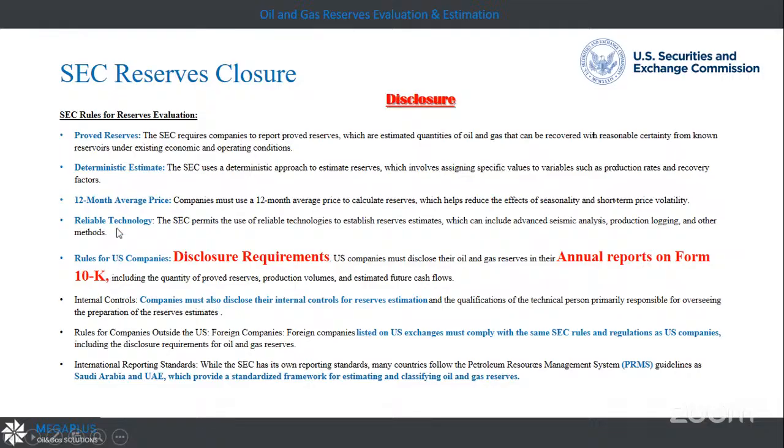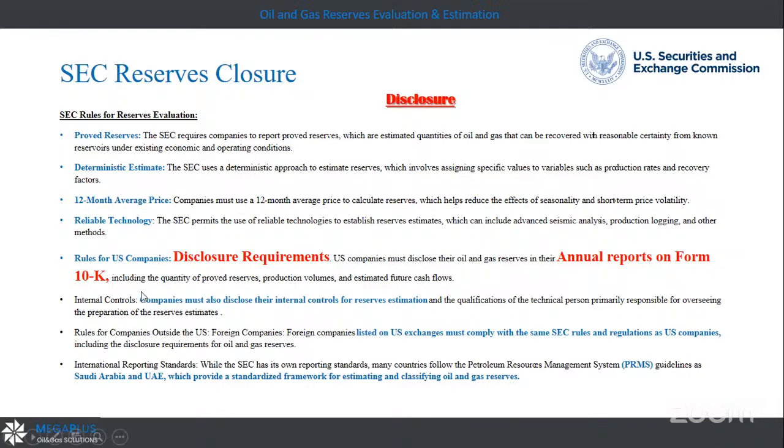They consider reliable technology. What if there is a new technology that makes a modification in the reserves? I say "now" because before that, reliable technology was not included in the SEC. So if I want to update or modify the reserves depending on new technology, now they can permit it.